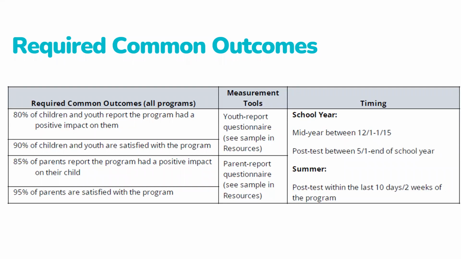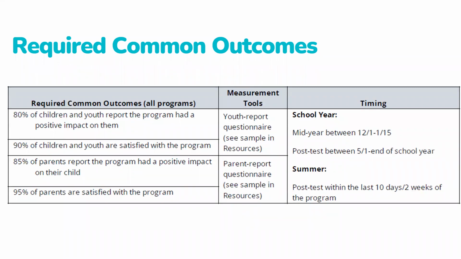One of the required common outcomes is now this youth family parent impact input survey. Again, when we were thinking of our aspirations and taking a look at what we wanted to collect, hearing directly from the participants of the program is going to give us back a wealth of information to help ensure that there's impact in our programs, and tell us the story about what is happening in our programs.